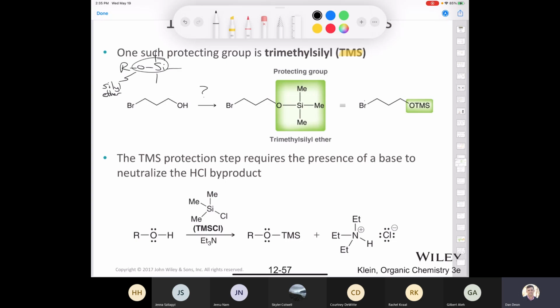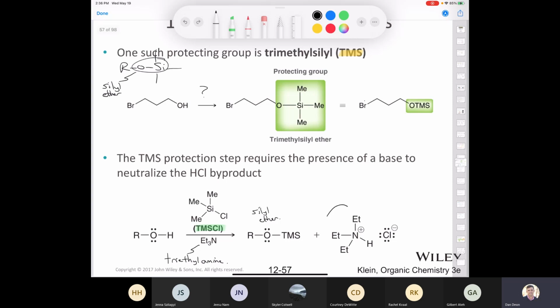The way that you do it is you take the alcohol and you treat it with trimethylsilyl chloride, that's this molecule here, followed by triethylamine. So let me write that in here. This is triethylamine, it's just a simple amine. Then you make the silyl ether, plus you end up with an ammonium salt here.